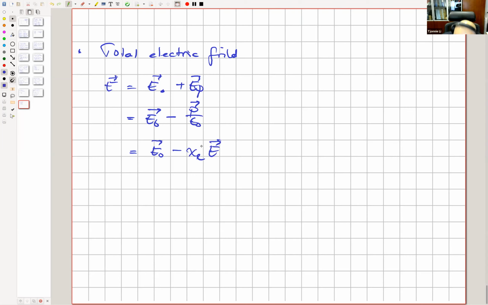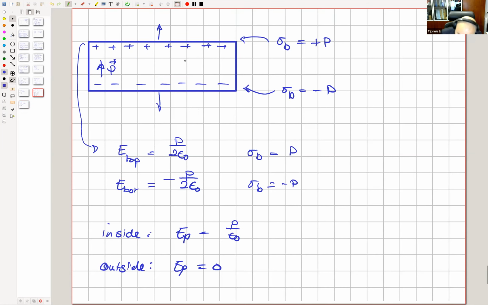Because P in this case is just chi E epsilon naught E. And so I can now write the total E is just E naught over 1 plus chi E. So I have some external field E naught.